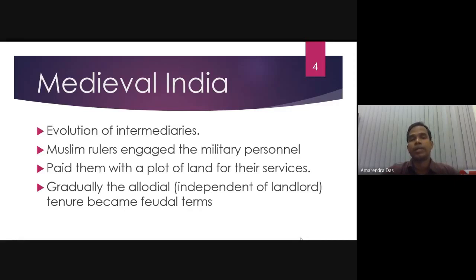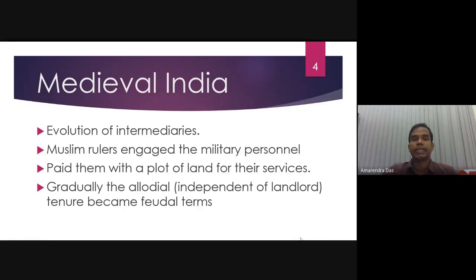Now coming to medieval India, where we see the Mughals ruling the country, the undivided India, that is India, Pakistan, Bangladesh, and all these South Asian regions. When the Mughals were ruling, we see the evolution of intermediaries.